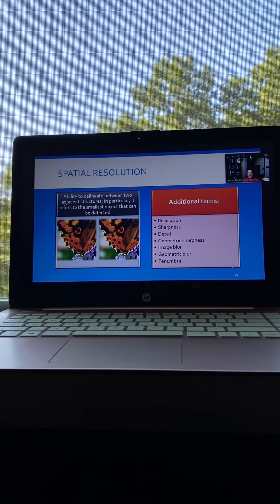So if you have an image that is described as having a long scale of contrast, what will that image look like? Long scale of contrast. What will the colors look like? Black and white. The opposite.